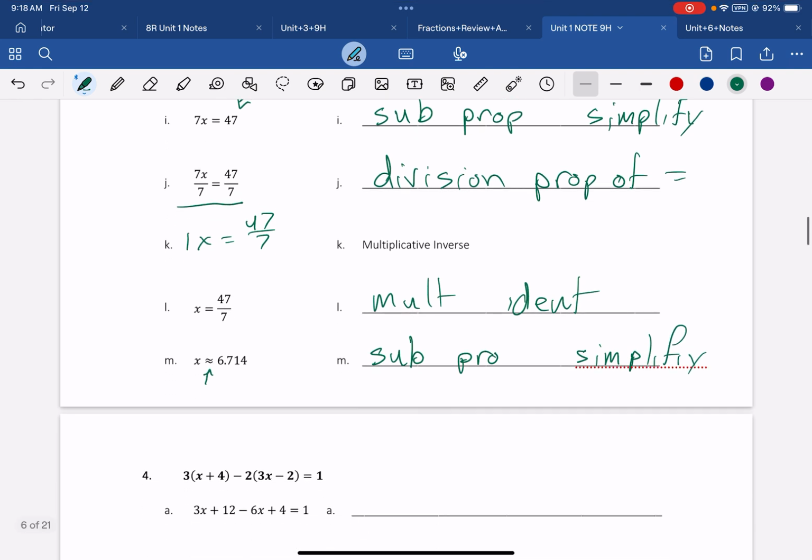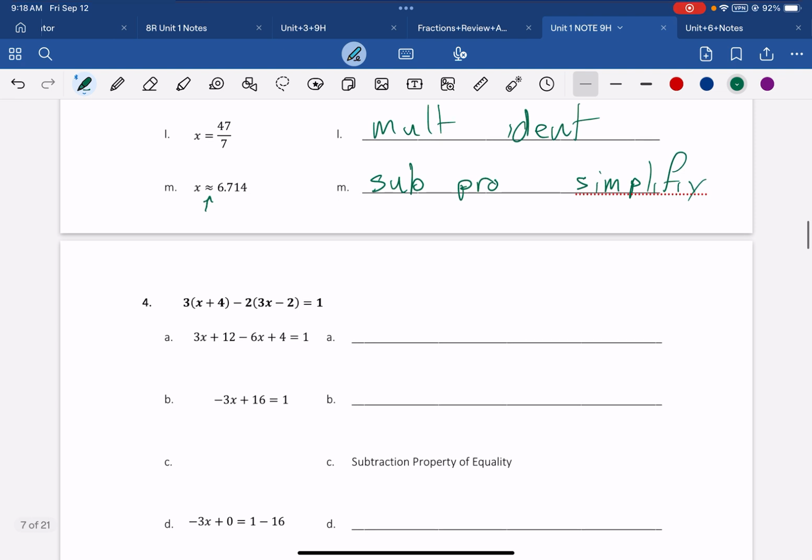All right, now problem number 4. First step, looks like we are going to do the distribution property. See how from here to here, the parentheses disappeared, so that's the distribution property, or distributive property.